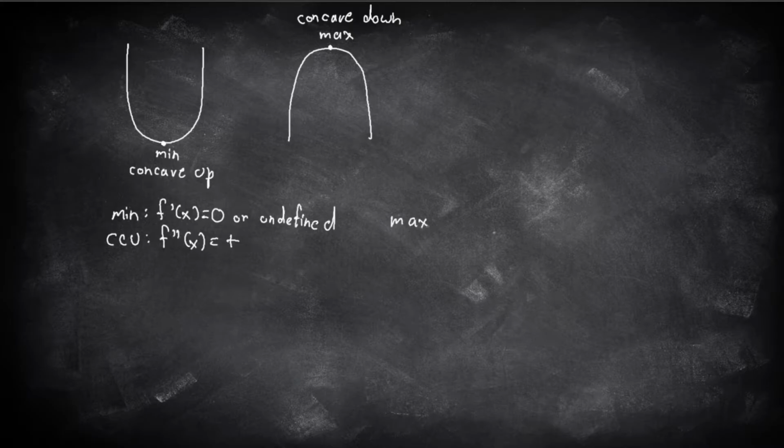For a max, similar to mins, the first derivative has to equal 0 or be undefined. And then for concave down, the second derivative had to be negative. So combining them both together, we get our second derivative test.